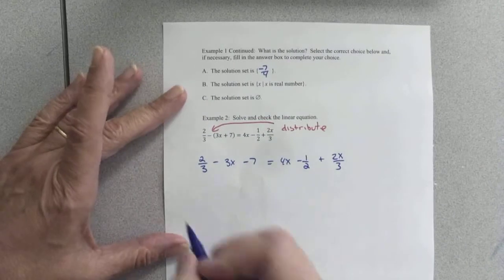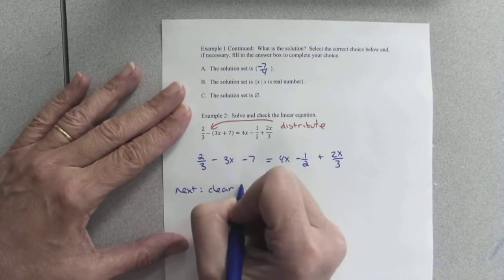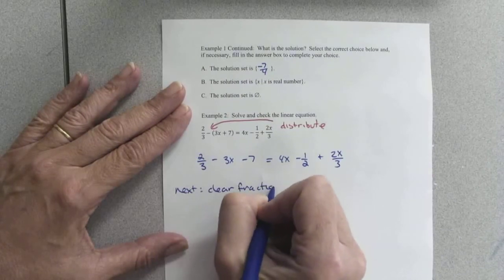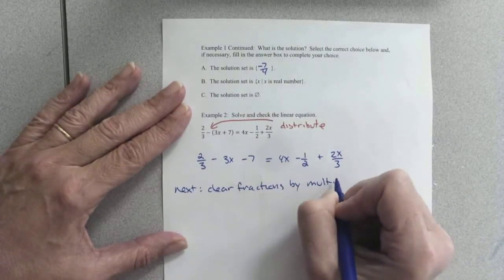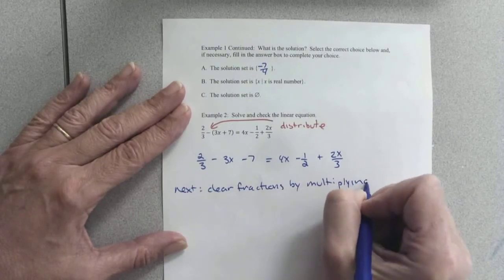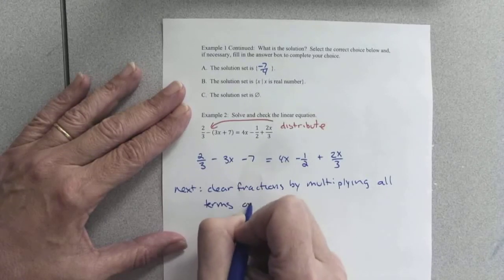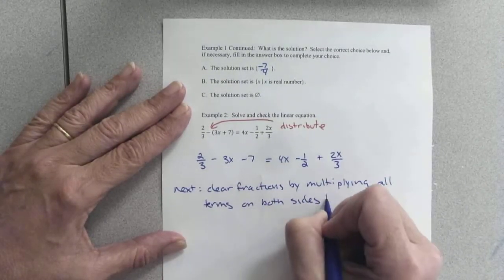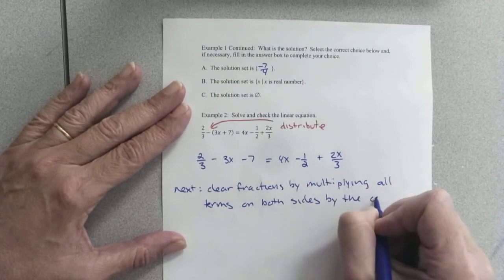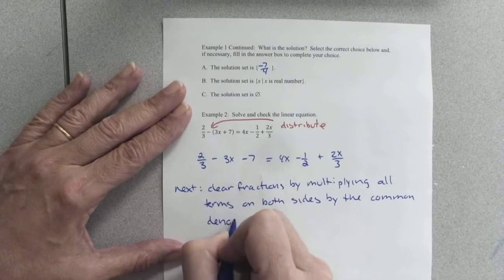The next thing I'm going to do is clear my fractions by multiplying all terms on both sides by the common denominator.